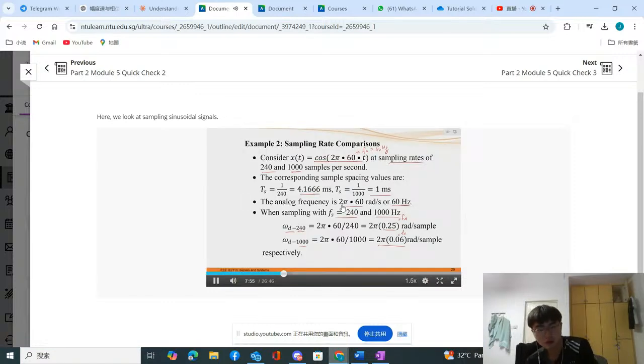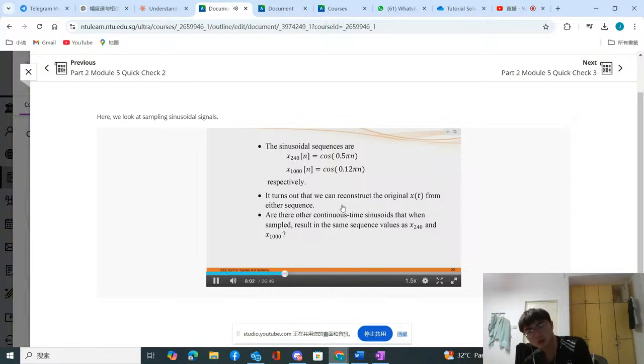I can then write my sinusoidal sequences as x240, which denotes that the sampling rate is 240, will be cosine 0.5 pi n, and x1000 will be cosine 0.12 pi n.